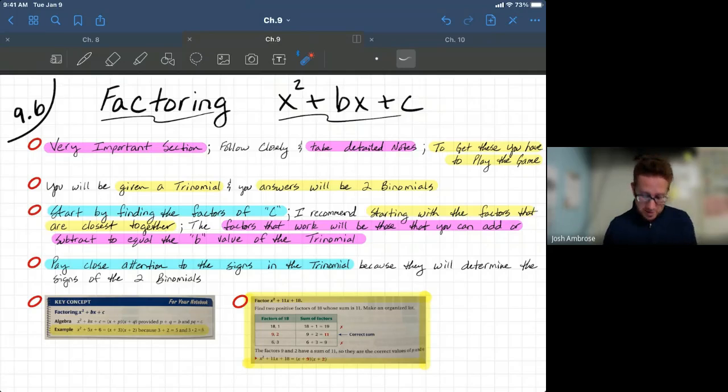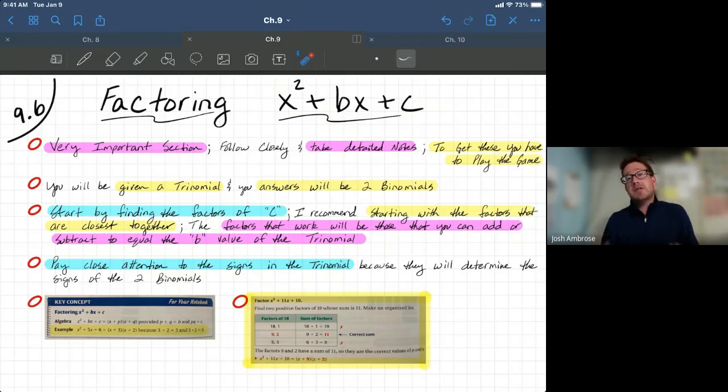All right, so let's take a look at the highlighted part here. Start by finding all the factors of C. So in other words, if you have the number 12, factors of 12 would be 1 and 12, 2 and 6, 3 and 4. Those are all different factors of that number. Then start with those factors that are closest together.